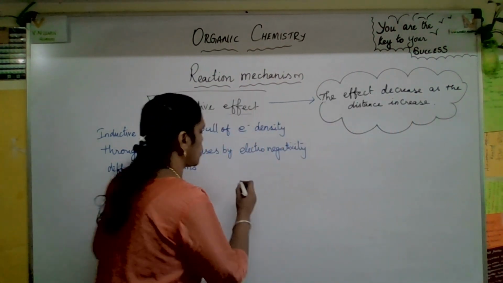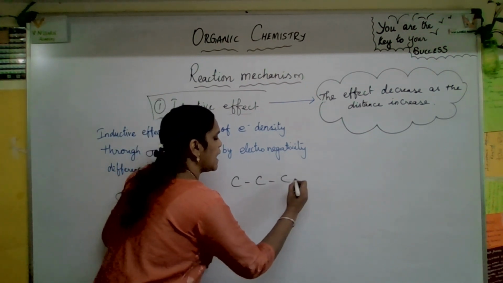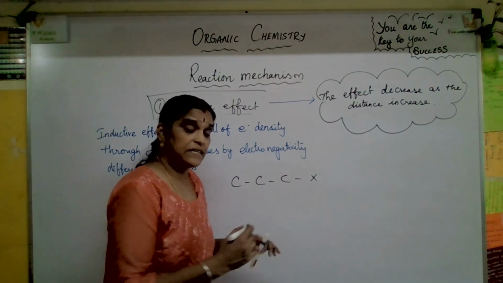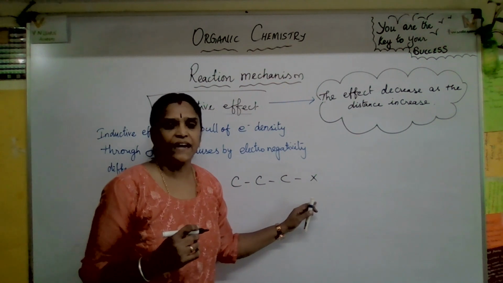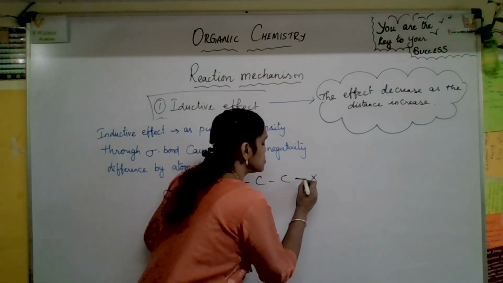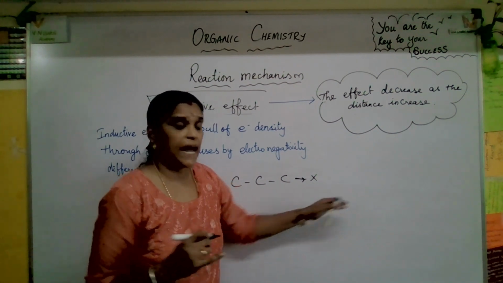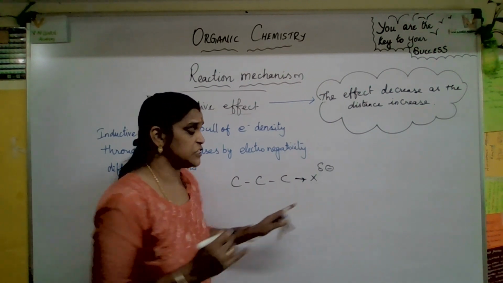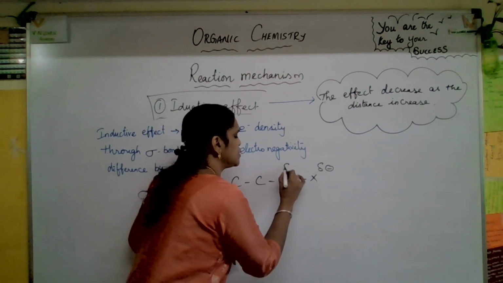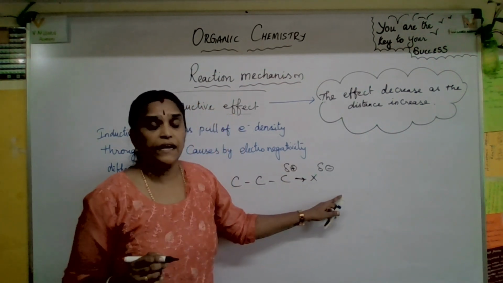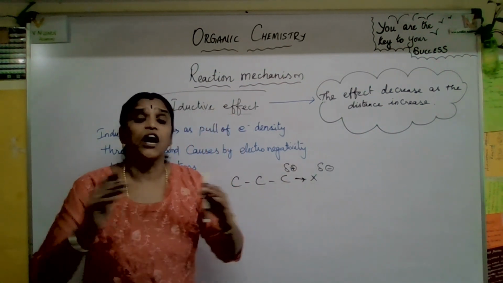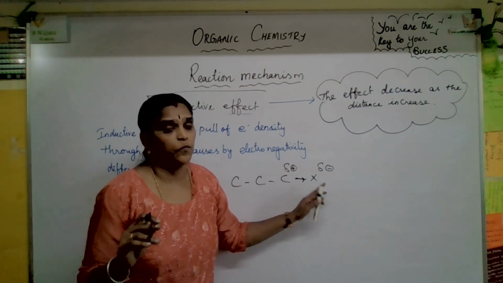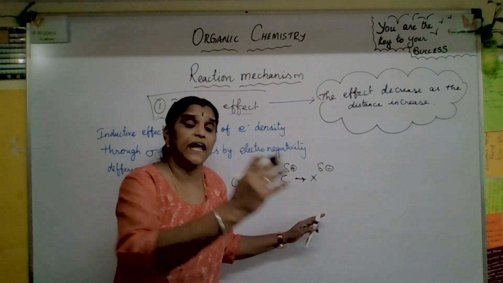Now for example, carbon connected with halogen. When comparing carbon and halogen, halogen has more electronegativity than carbon. So naturally electrons are shifted towards that halogen, and you get a negative charge on the halogen. Here a slight variation: delta positive here and delta negative here. This happens in the carbon chain only, where the substituent atom or group attached at the end of the chain is more electronegative.